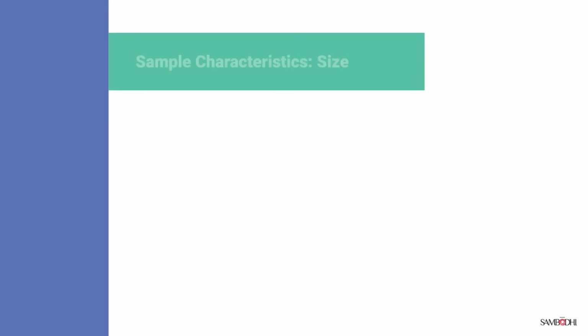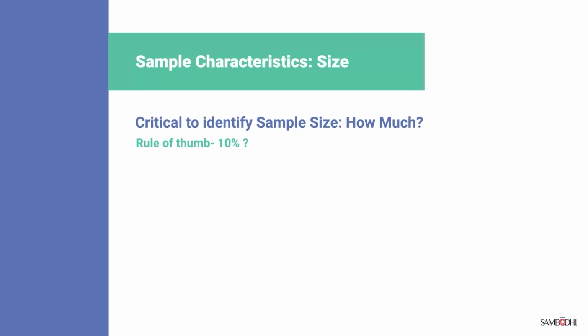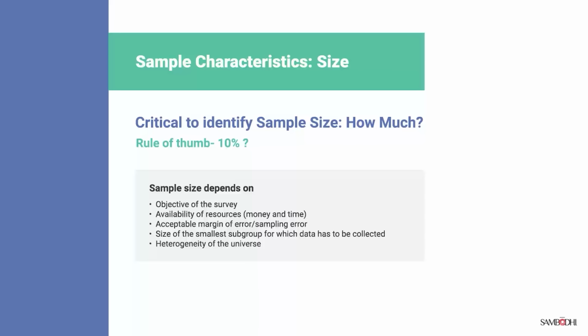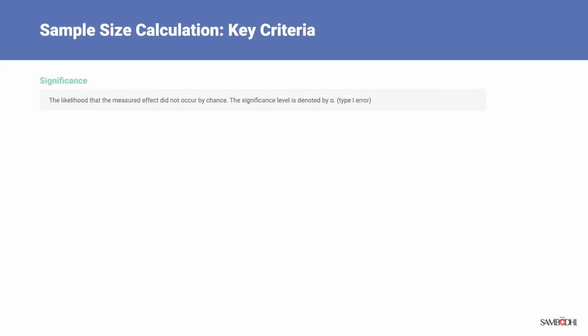The sample size of the research is not a rule of thumb. Rather, it depends upon a host of factors such as the objectives of the study, availability of resources, sampling error, size of the sampling subgroup for which data has to be collected, and heterogeneity of the universe. The calculation of sample size depends upon some key factors, which include significance, the likelihood that the measured effect did not occur by chance.